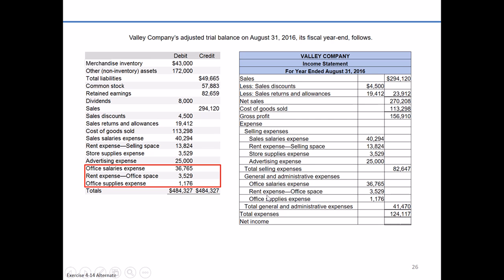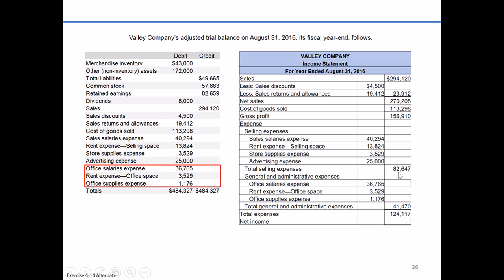It can be included in multiple categories, but this time it talks about our office space, not our selling space. So rent expense of $3,529. Also, we have additional supplies, just like we had store supplies, but now we have office supplies expense of $1,176.